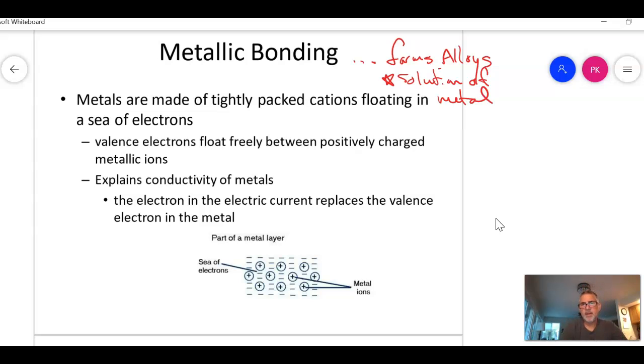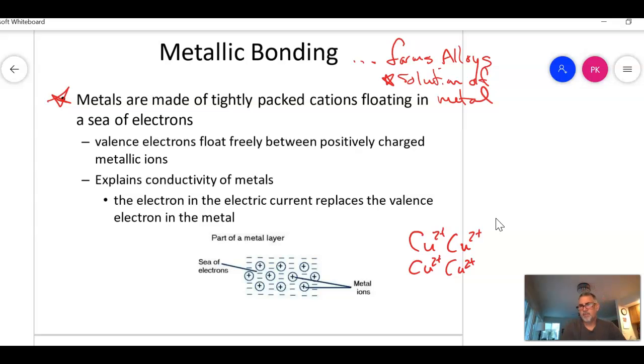So metals are tightly packed, but they're all cations, right? So metals are made of tightly packed cations floating in what they call a sea of electrons. So if I have a bunch of copper, we make wires out of copper.